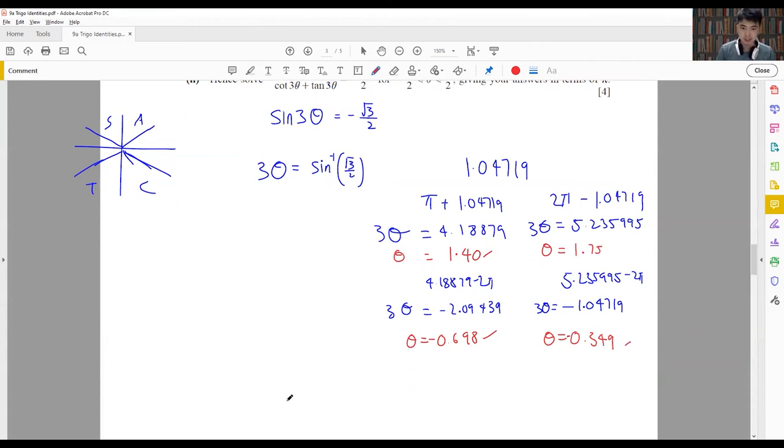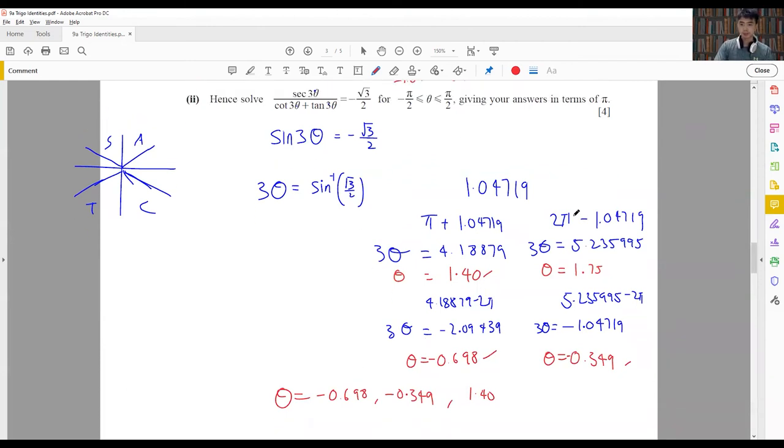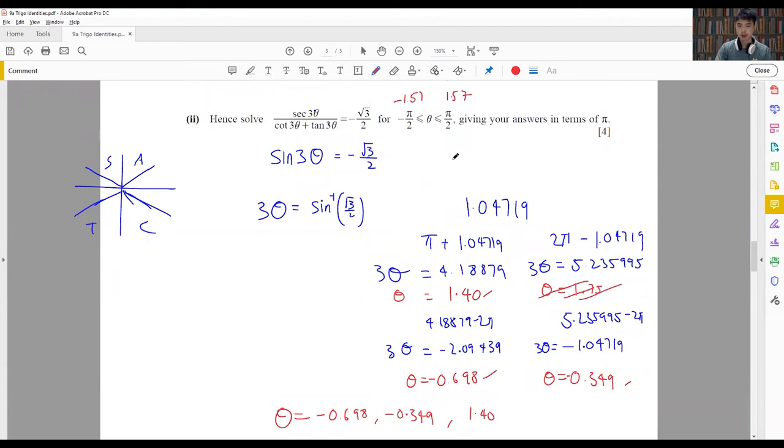So the final answer of theta is, starting from the lowest value, negative 0.698, then negative 0.349, and lastly, 1.40. These will be the three answers. Ignoring 1.75 because it's out of range. All right.